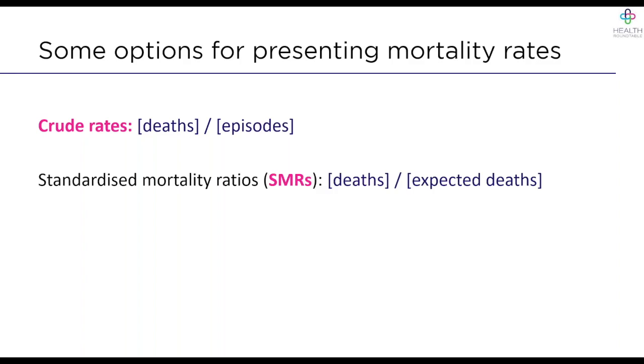Some of the other ways that we might look at it, we have standardised mortality ratios, or SMRs, and this is deaths divided by expected deaths. This expected deaths is an expected number of deaths, a very important distinction here, certainly one that causes a lot of confusion because of the language. Here we're talking about an expected number as in an expected value, a statistical expected value, an expected number of deaths.